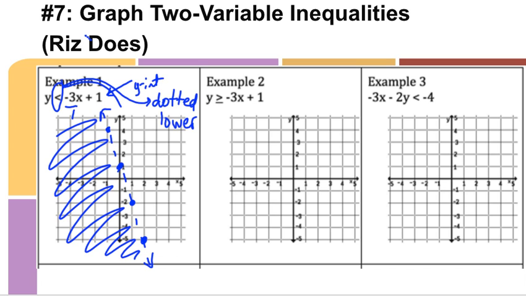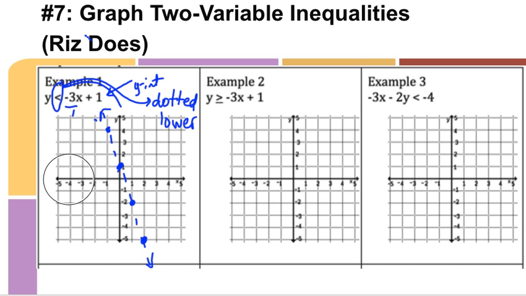Another way that you can try and figure out which section to shade is by testing a point. This is kind of like what we did in the activity. So let's look at this point right here, 0, 0. Okay, so if I've got 0, 0, this is an x and this is a y, I can substitute that into my inequality.